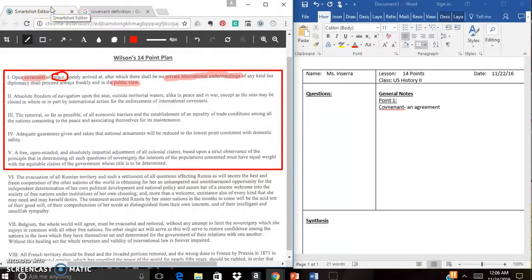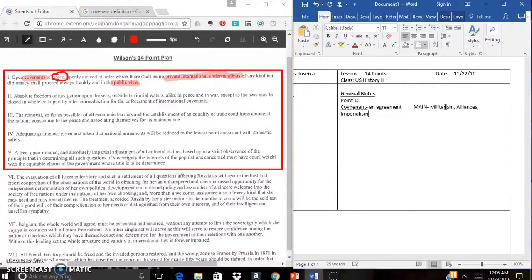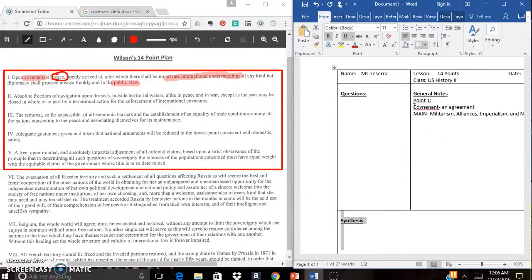Private international understandings. Well, if we think back to our main causes of World War I, we know that there's militarism, alliances, imperialism, and nationalism. So we're talking about private international understandings, and also we're talking about diplomacy in the public view.